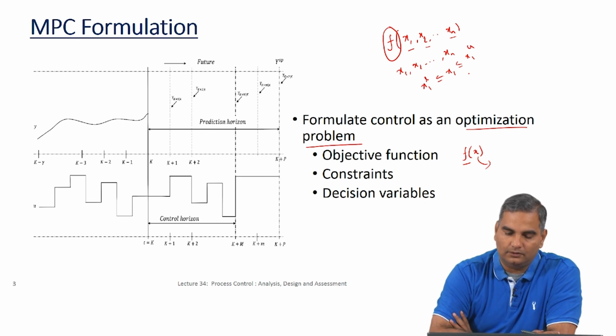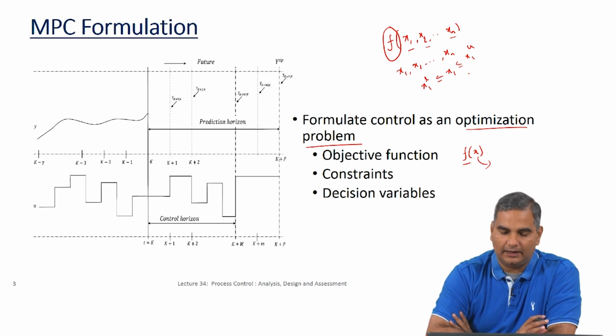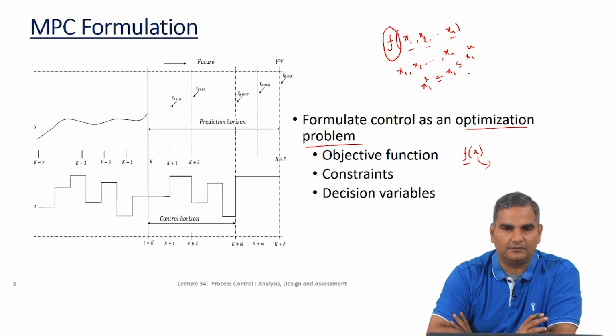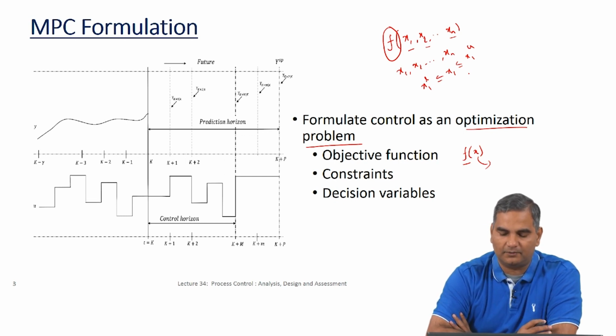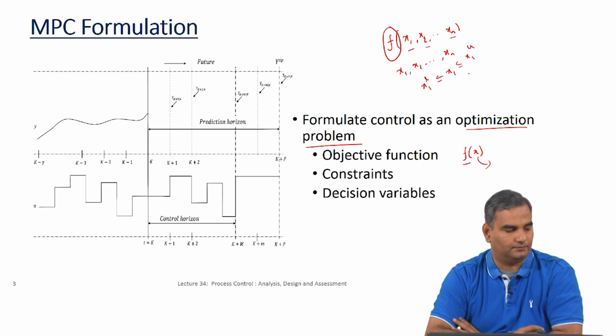So, the summary is that an optimization problem has three components. You have to define an objective function, constraints, and the decision variables. When you define the objective function, the decision variables are also defined, because you write the objective function in terms of these decision variables themselves.